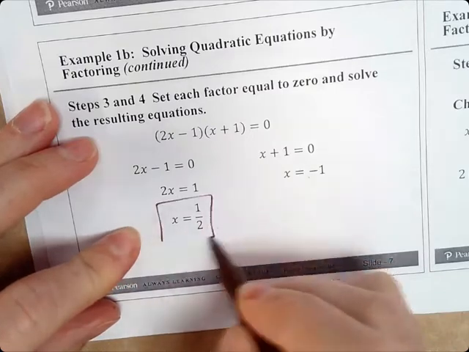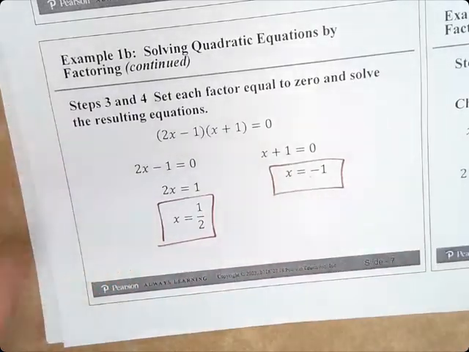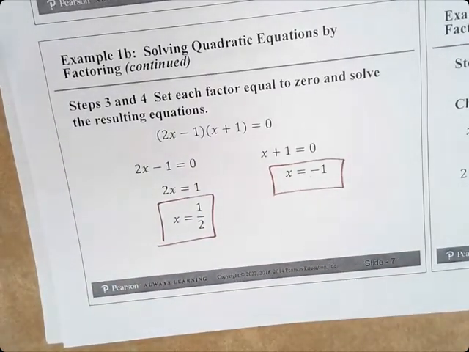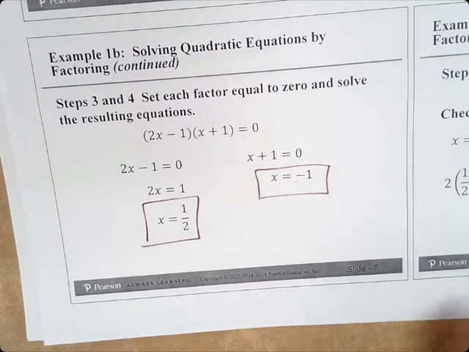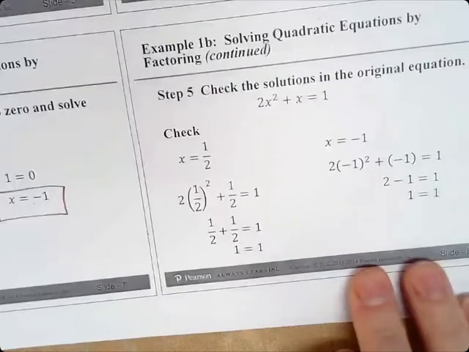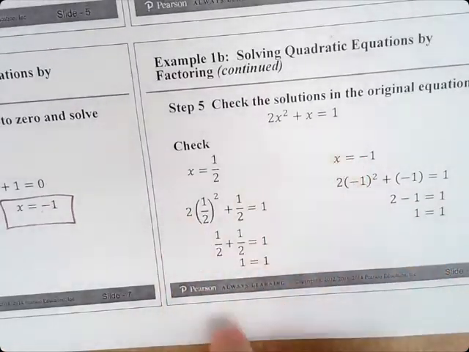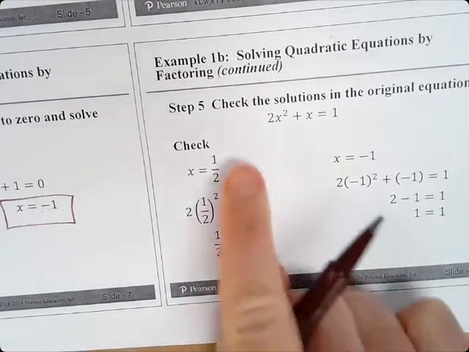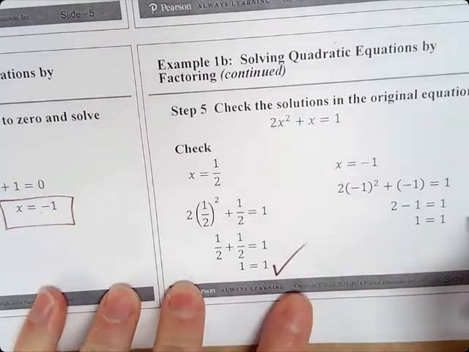So we get these two answers. But something that's really important, and it's going to become even more important as we deal with different kinds of functions and equations, is checking to make sure it actually works, because sometimes we can get extraneous solutions, which means that these solutions actually do not work when you substitute them in. When this is substituted in, it actually does work. It does check out.